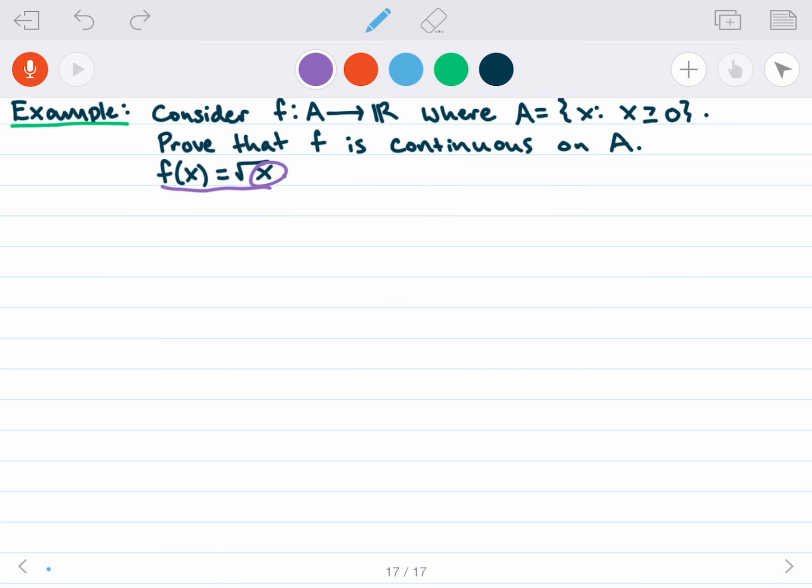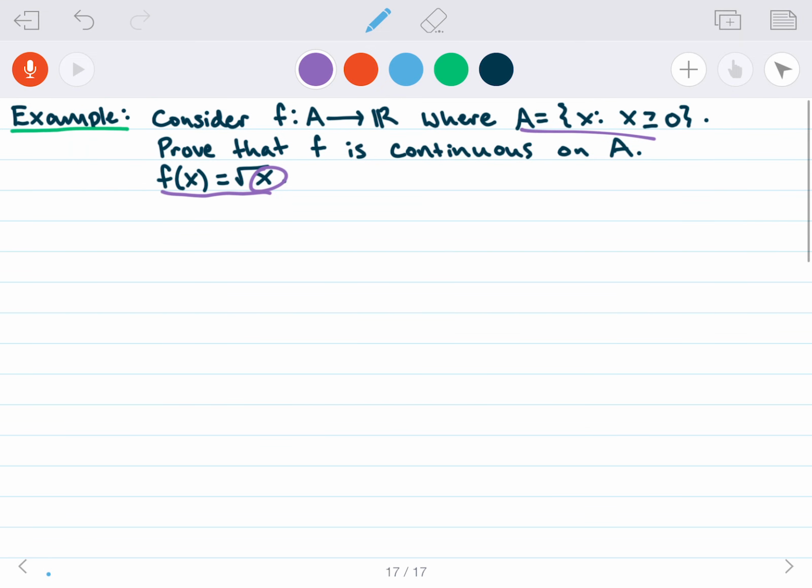So that's what our set A is, and we claim that f is continuous on A. So wherever x is bigger than or equal to 0, we know that f of x is continuous, and we know this from our experiences in life that this is true. But let's prove that it's true. So here's root x, and A is just these x values. We don't care about x less than 0.